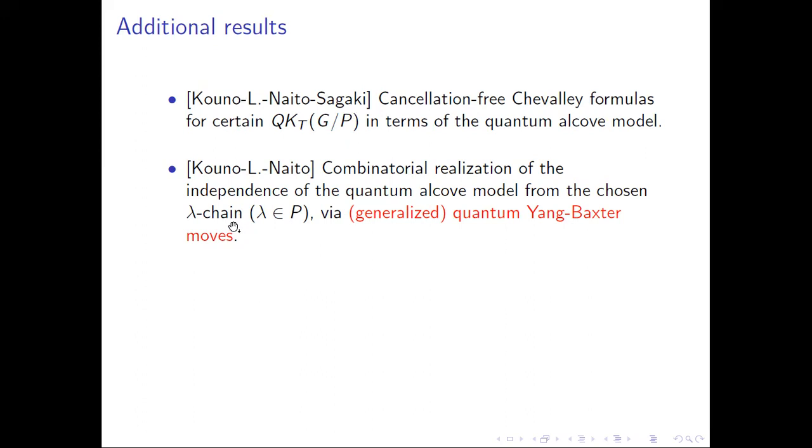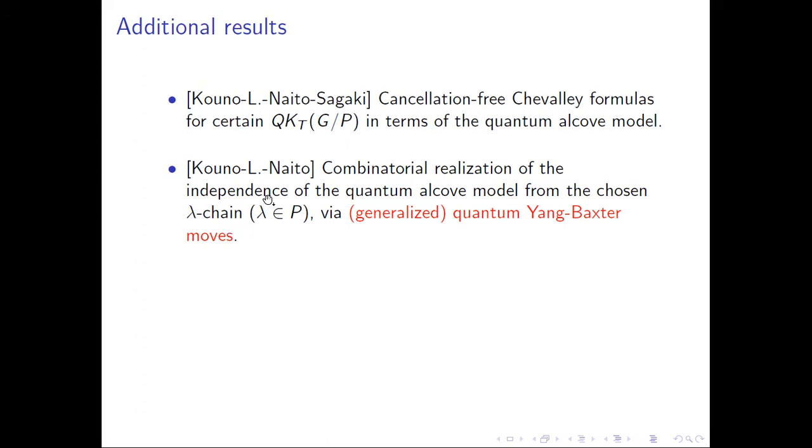But actually you can show that the model with all these statistics associated with them is independent of the initial choice of a lambda chain. So you can give bijections between objects corresponding to two different chains. And these bijections are supposed to preserve all the associated statistics.